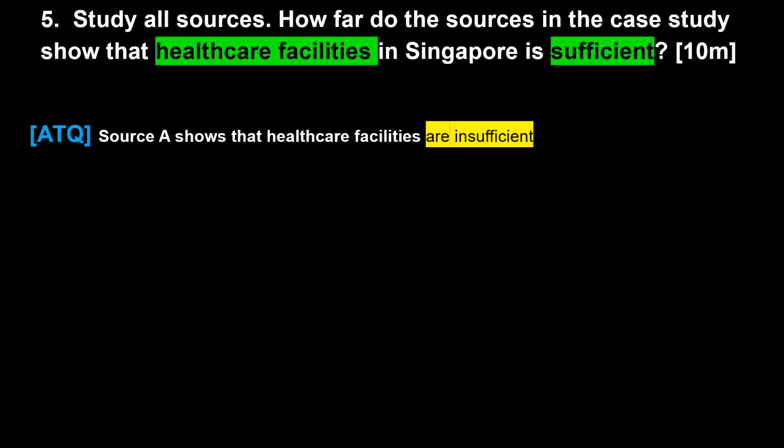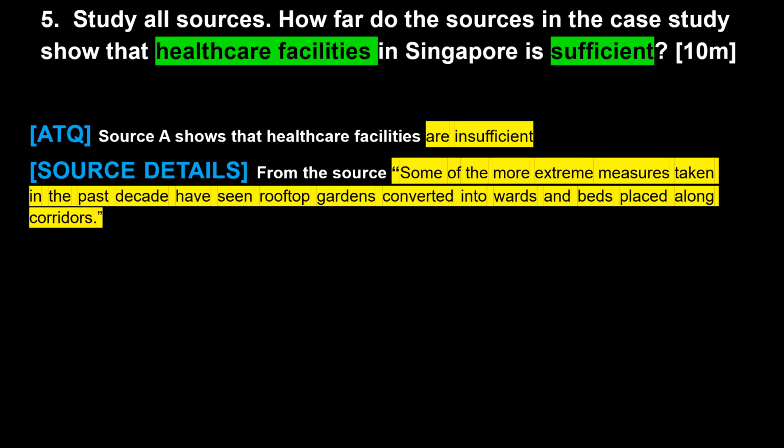All right, source A shows that healthcare facilities are insufficient. Answer the question. ATQ means answer the question. Okay, so what you do is copy the answers or the words or the sentences that are actually highlighted in yellow. Now, after you have answered the question, all right, give the source details from the source, okay?